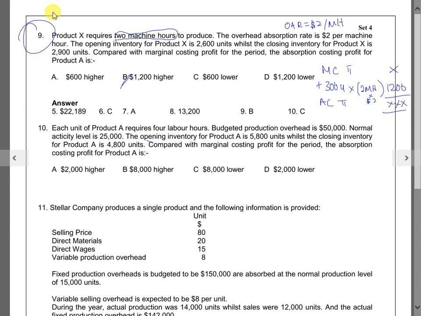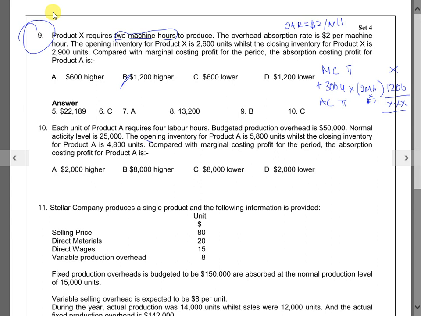For question 9, product X requires 2 machine hours to produce. OAR is per machine hour. The opening is 26 and the closing is 29. It increases, so we add. So MC profit we add 300 units, and units we must times with the OAR. OAR must be in units, but given here is per hour.